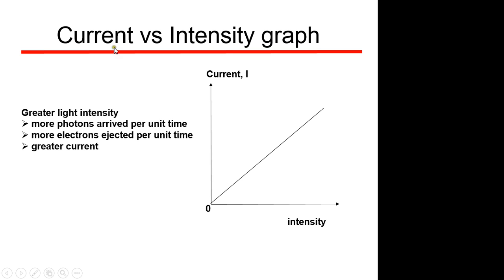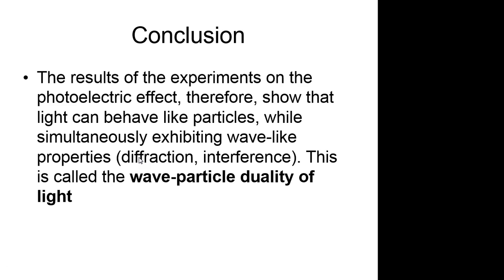I also showed you the current versus intensity graph in the applet just now. The more photons you have arriving due to the intensity increasing, the more current you have emitted due to the electrons being generated. Hence, you have a greater current. And this is a conclusion, right? Very interesting.